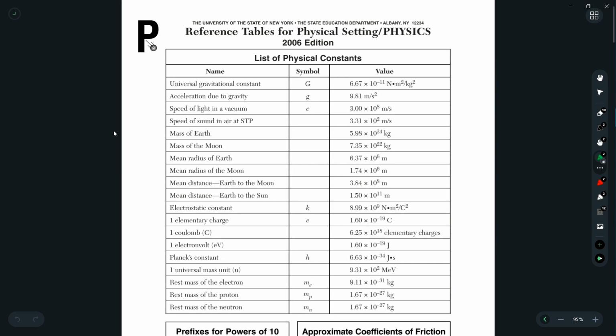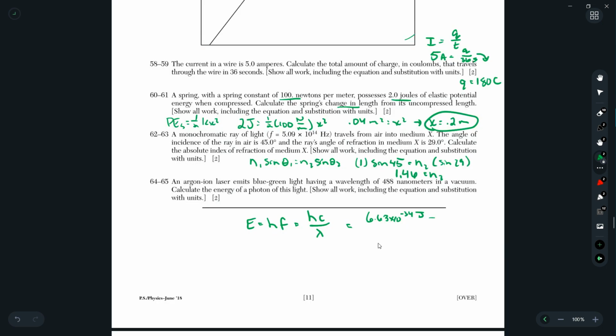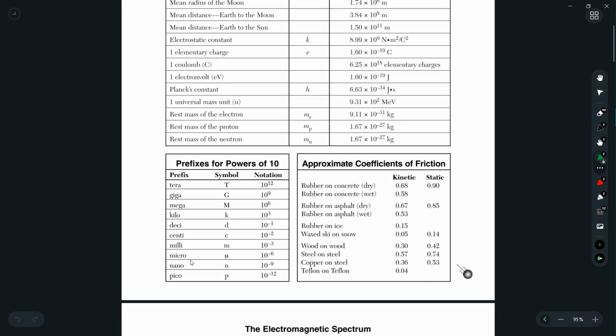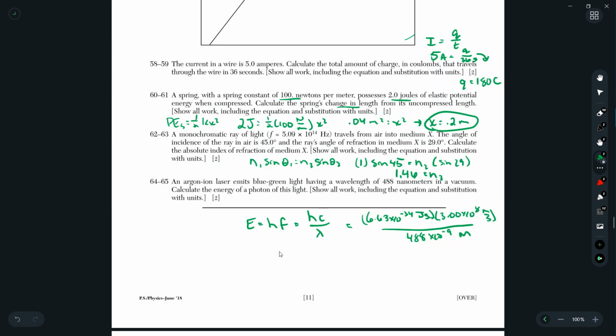Let's look before I make it up. Yeah, joule times seconds. Nailed it. Times the speed of light, which is 3 times 10 to the 8th meters per second, and this wavelength is 488 times 10 to the negative 9th meters, because they are nanometers, and I need to convert to meters. Nano is 10 to the negative 9th. That's the tricky part here.